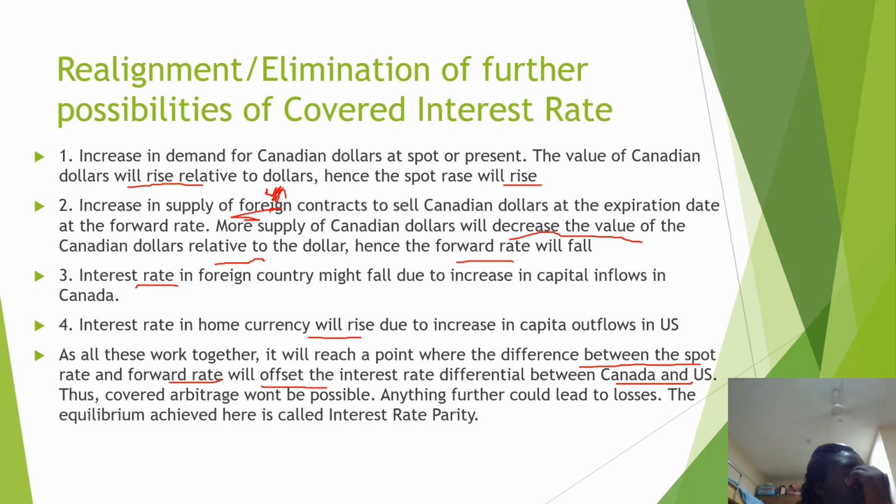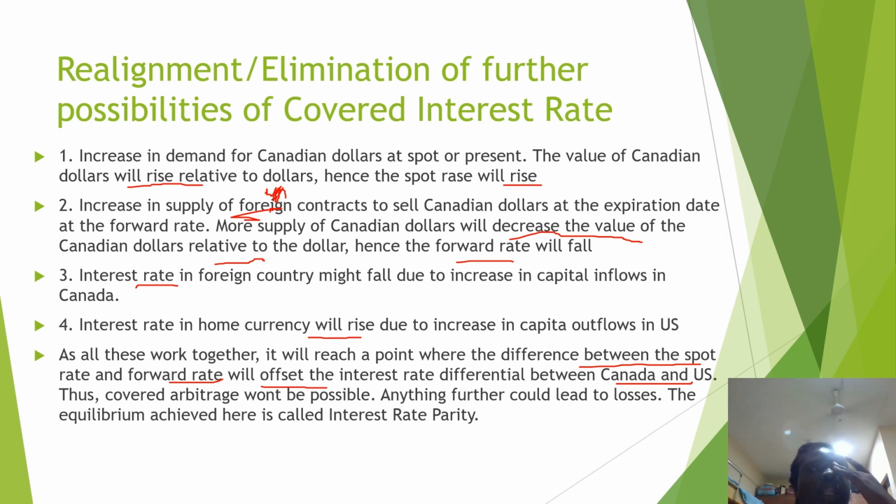Whether it is a premium or a discount, that discount or premium will offset the interest rate advantage that you are getting between Canada and the US. So covered arbitrage won't be possible, and any further arbitrage would lead to losses.